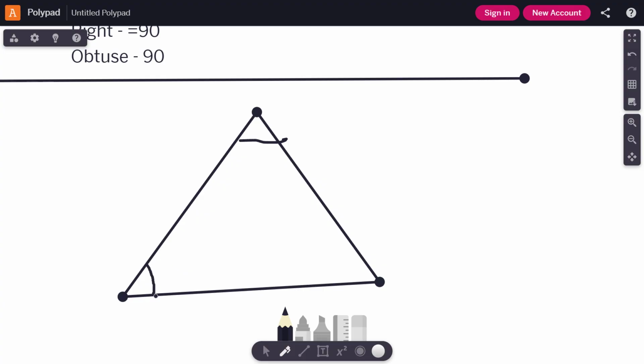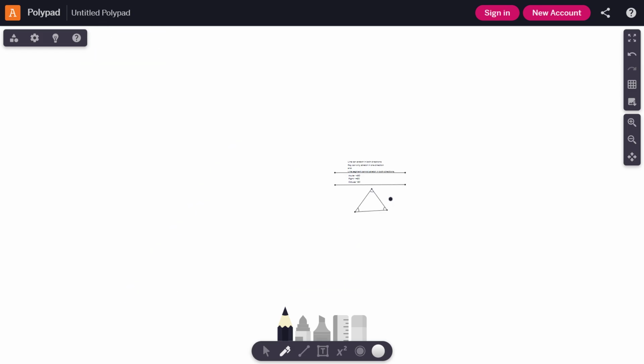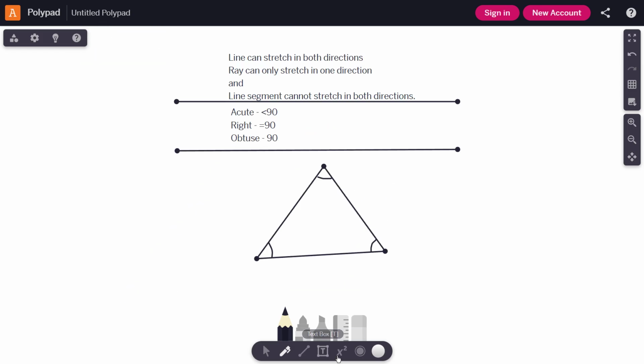This is also less than 90, acute. This is also an acute angle. Those are also acute angles. So they're all acute angles. A triangle containing 3 acute angles is an acute triangle.